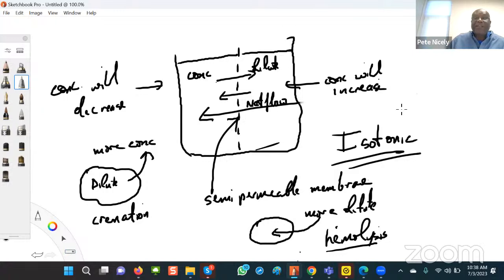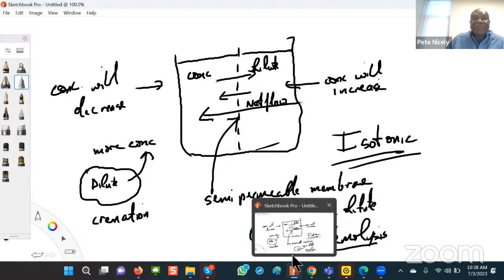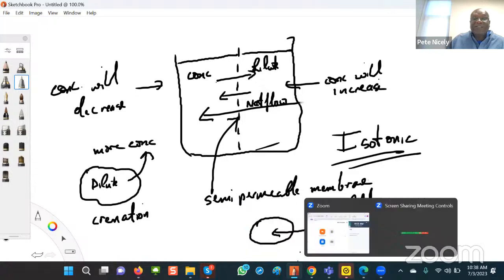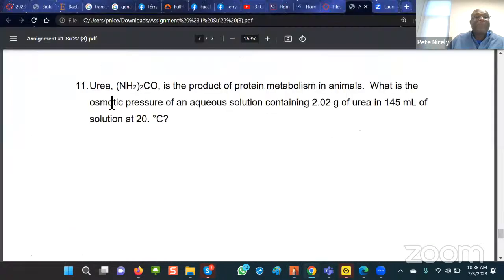Okay, enough of that. So now that I've mentioned all of that, let me go to the question now, which is saying, okay, so it talks about urea. It gives you the formula, and it says that the osmotic pressure of an aqueous solution containing 2.02 grams of urea in 145 mils of solution at 20 degrees.